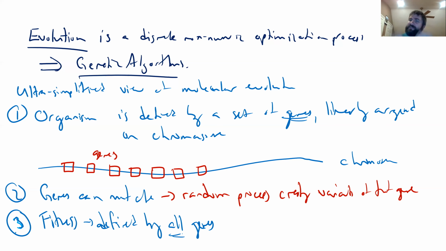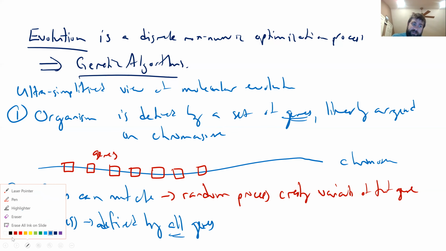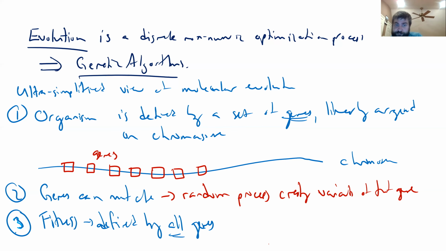That is, there's some integrated function of all of the particular variants of the genes that a particular organism has that indicates its fitness, and fitness impacts likelihood to reproduce.